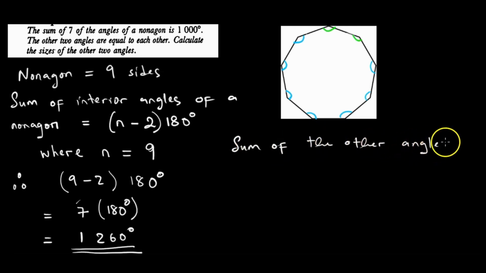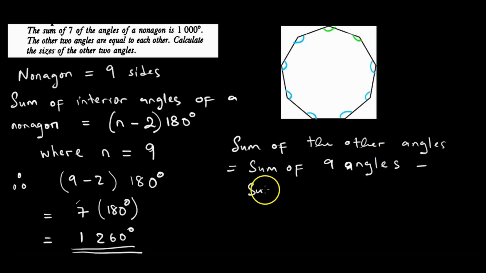It is going to be equal to the sum of 9 angles, which are my angles in a nonagon, subtracting the sum of 7 angles. I hope it makes sense.